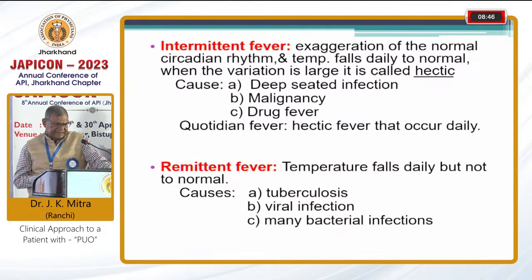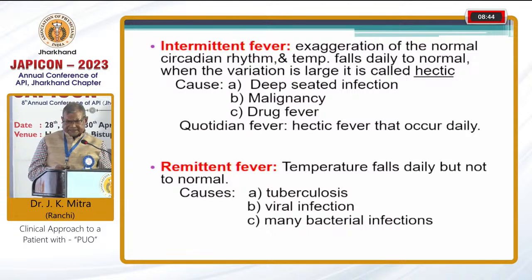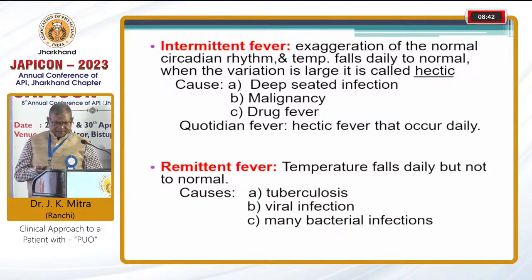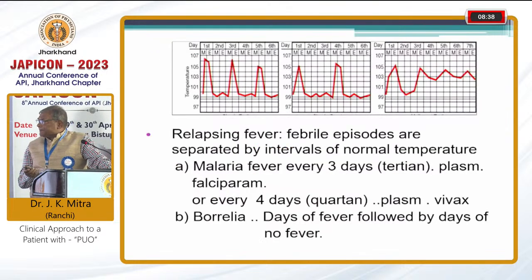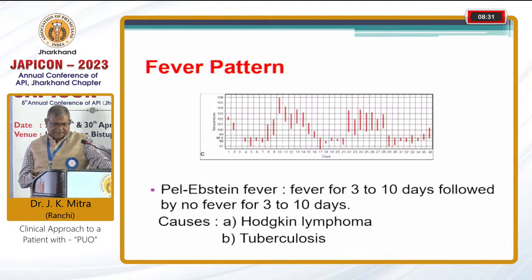Like if it is intermittent fever, deep-seated infection, malignancy or drug fever may be there. Remittent may be in tuberculosis or viral infection, and many bacterial infections. Relapsing fever occurs in malaria or Borrelia. Persistent fever was previously seen in Hodgkin's lymphoma, but now brucellosis has been claimed for this fever.